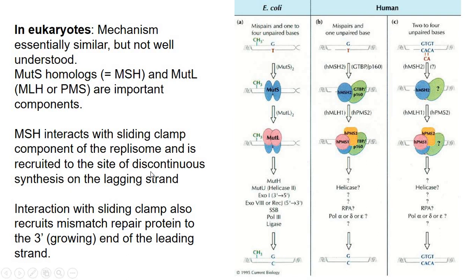These are usually recruited to the site of discontinuous synthesis on the lagging strand, because the error happens more commonly on the lagging strand because of the multiple Okazaki fragments, or smaller portions of DNA synthesis. This interaction with the sliding clamp also recruits these mismatch repair proteins to the 3' end of the leading strand. So both strands will have the DNA damage repair, but it's the lagging strand that's always a part of the replisome.